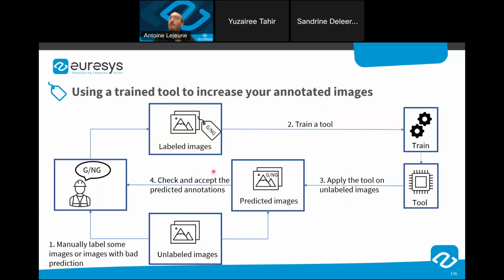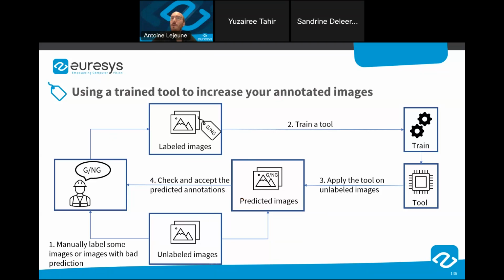And for some of the images where the prediction is good, you can simply accept the prediction as the ground truth, even possibly adjust a little bit the ground truth of the image if the prediction was not precise enough. And then you also need to manually annotate some of the images where the prediction was really bad, to add new information about your images, so that the training can perform better on the next iteration.